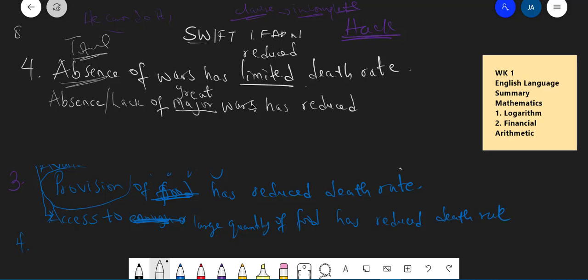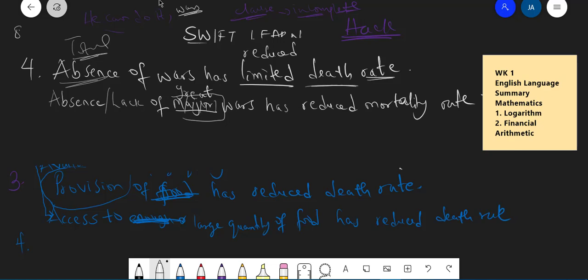See, they've been talking about death. Why don't you use mortality rate? Do you see the difference? Lack of great wars. I'll remove this word major, as reduced mortality rate. So are you fine with this? So we know, yes, okay, good. There are still wars, but they are not the wars that kill a lot of people.